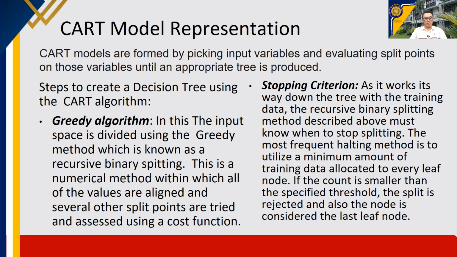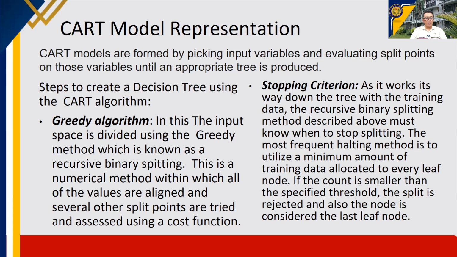First, we have the greedy algorithm. In this, the input space is divided using the greedy method, which is known as recursive binary splitting. This is a numerical method within which all of the values are lined up and several other split points are tried and assessed using a cost function. Then we have the stopping criteria.